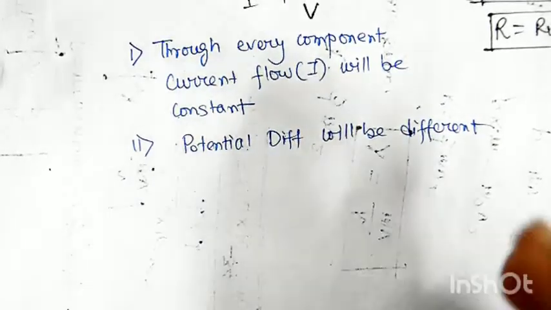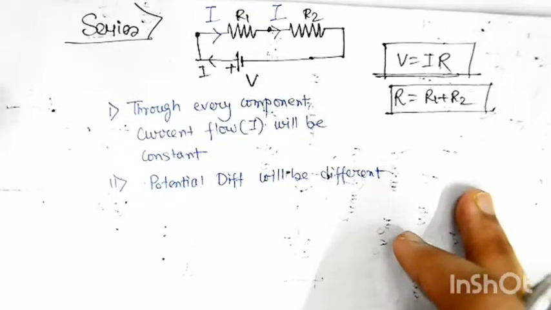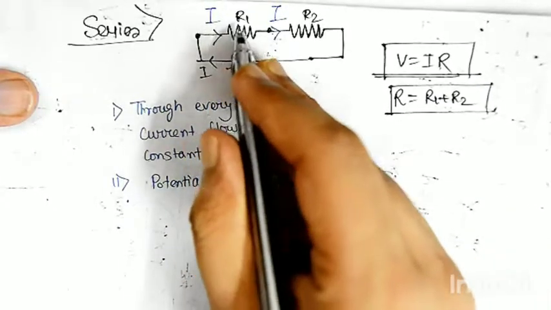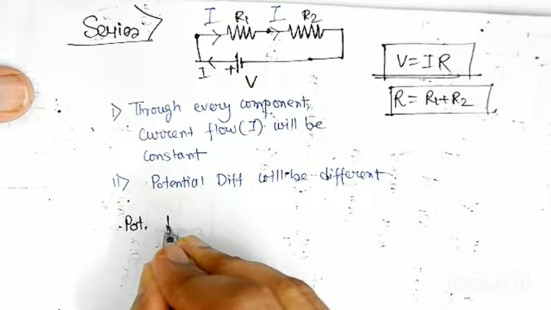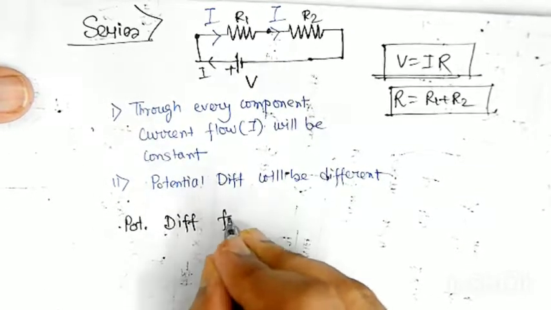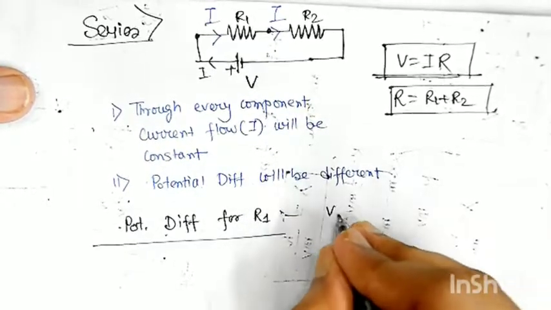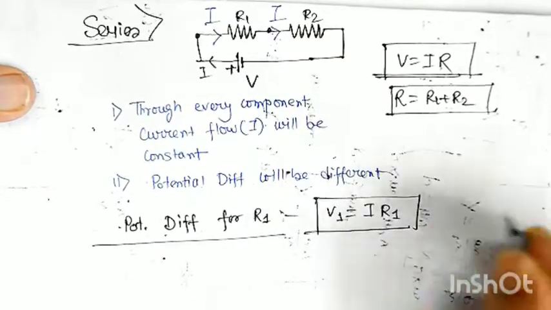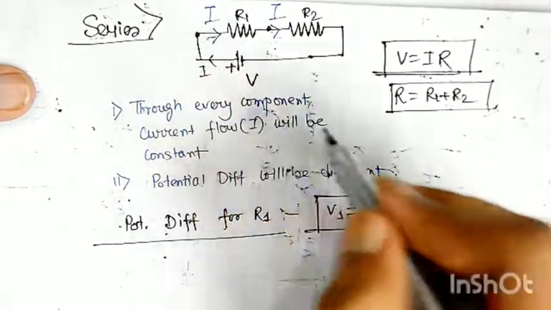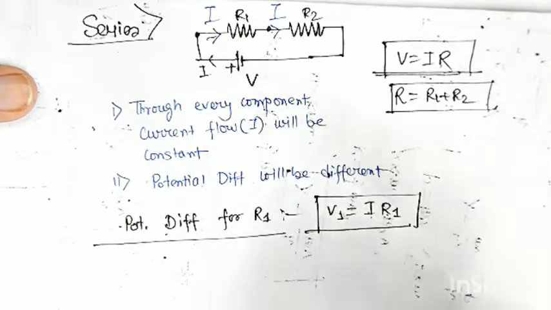Let's look at the R1 resistance. Through R1 the current flow is I, so I can calculate the potential difference. If I name the potential difference for R1 as V1, then it is I into R1, just following Ohm's law: current into resistance.